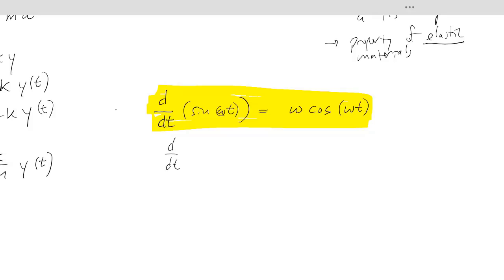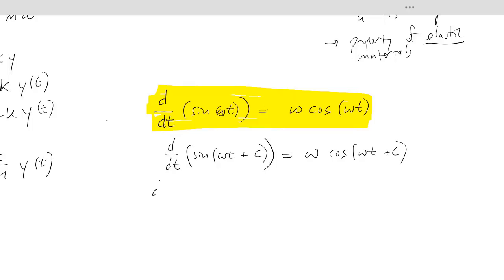Furthermore, if I were to do it like this, d dt of sine of omega t plus some constant c, the derivative of what's in here is still just omega. So this is exactly the same as omega cosine of omega t plus c. That c just stays there, but it doesn't affect the derivative.